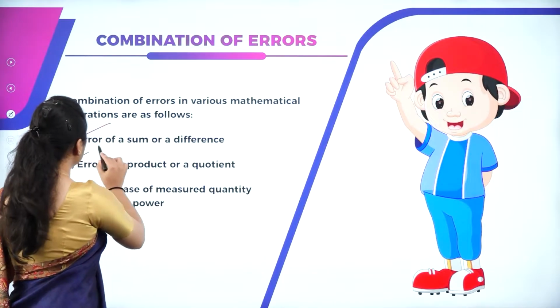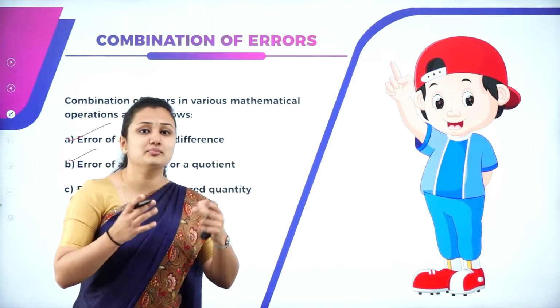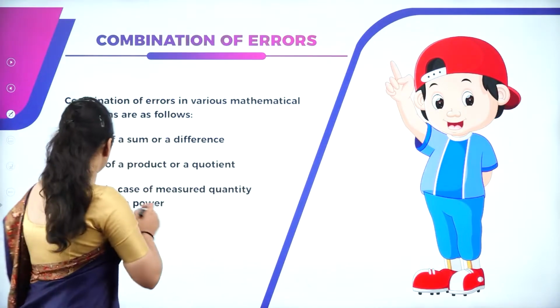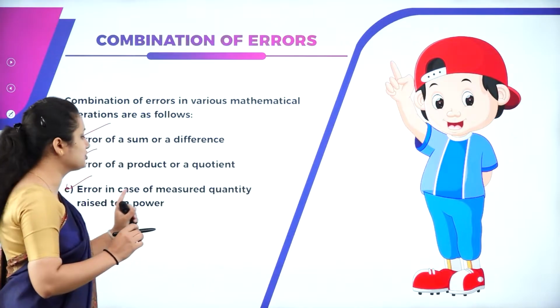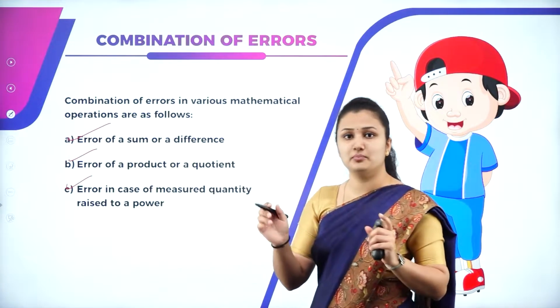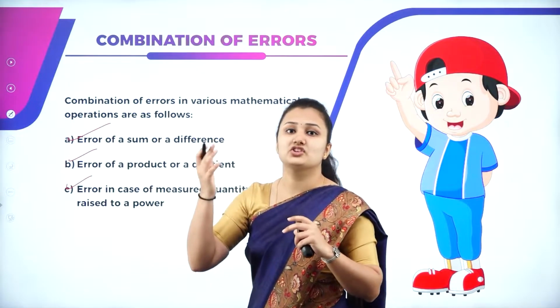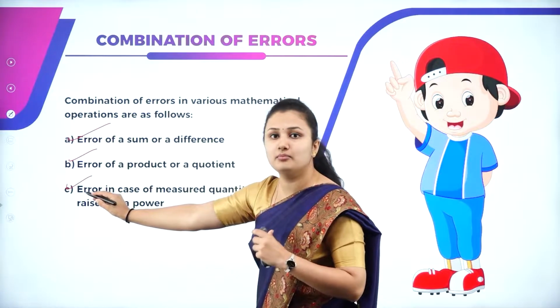The second one is error of a product or a quotient, that is we are multiplying or dividing. The third one is error in case of a measured quantity raised to a power, that is exponential. We are dealing with exponential in point C.